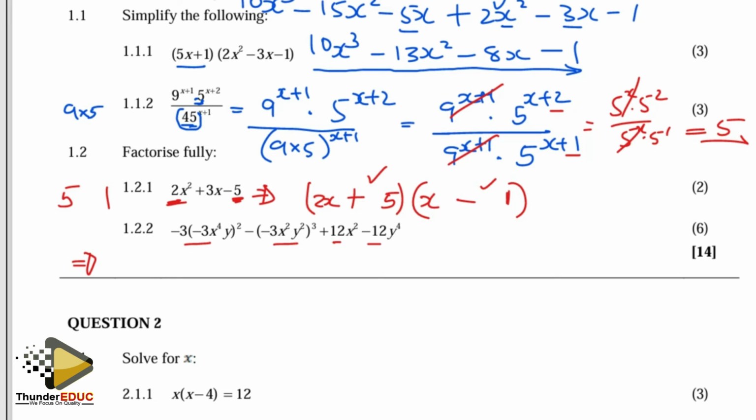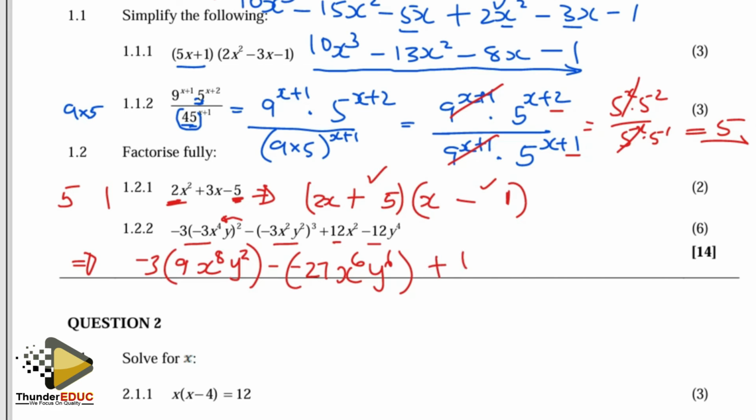So that's going to be negative 3 into a negative and negative, which gives me a positive 9. x, this 2 multiplies with a 4, that's going to be 8, and then y squared. And then minus a negative 3 cubed, that's going to be negative 27 x to the 6 y to the 6.